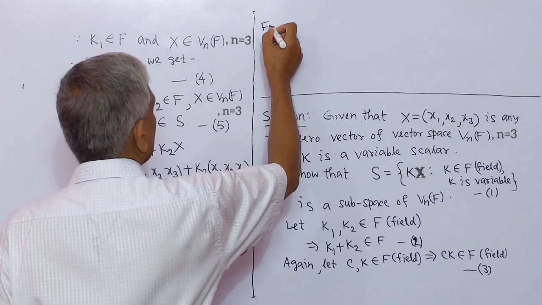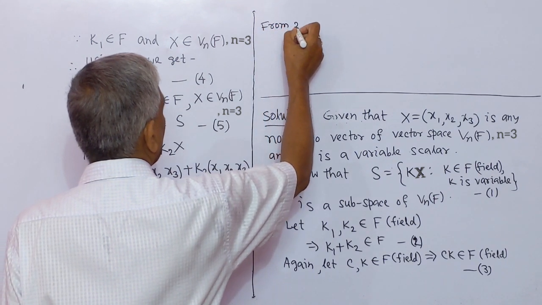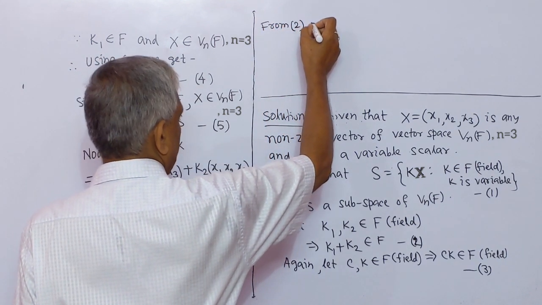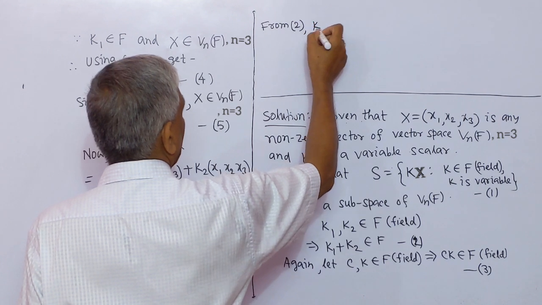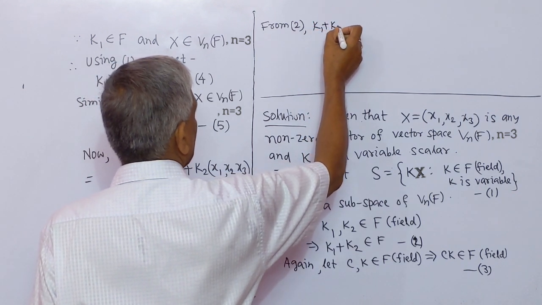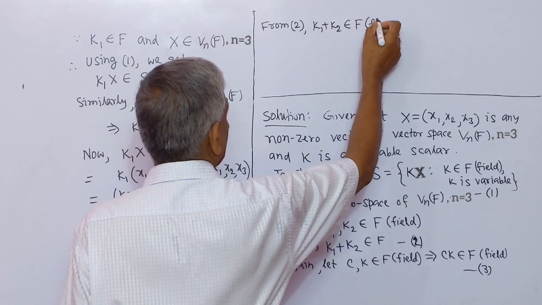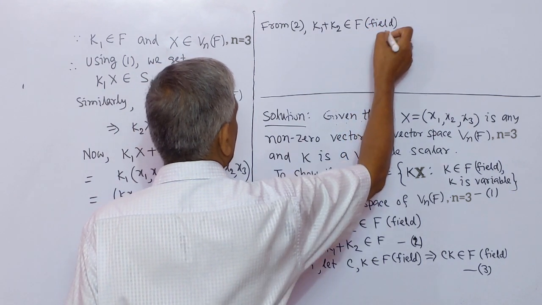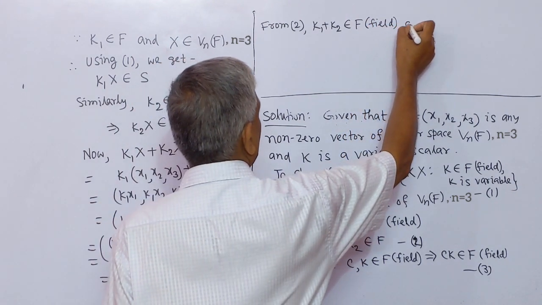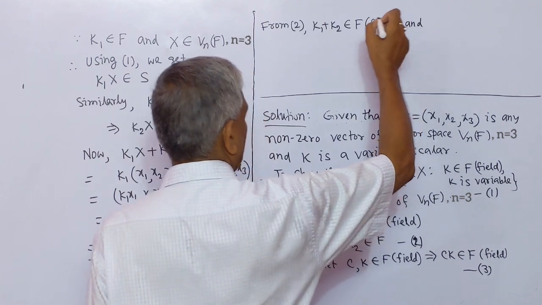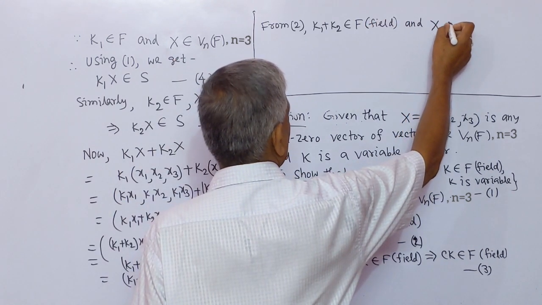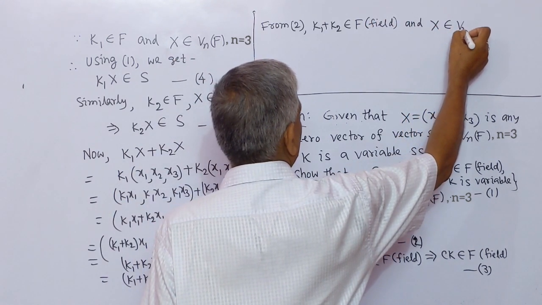From 2, K1 plus K2 belongs to field F and X belongs to Vn.